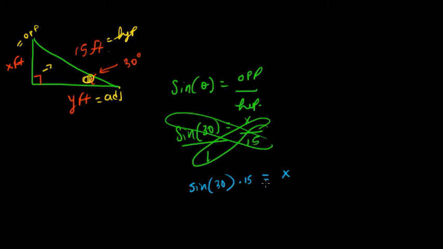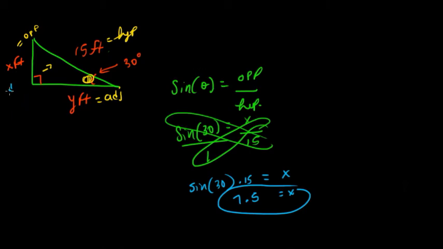So if we do 15 times sine of 30 degrees, we'll end up with 7.5 exactly. So x is equal to 7.5. Now that I know x is equal to 7.5, let's find y.